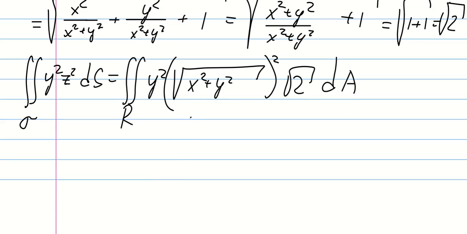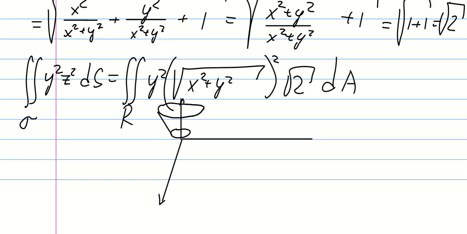So I will redraw it a little bit. I'll put my x over here like this, then y over here like this, and z going up. So basically on the bottom we have a small circle, and on the top we have a big circle.